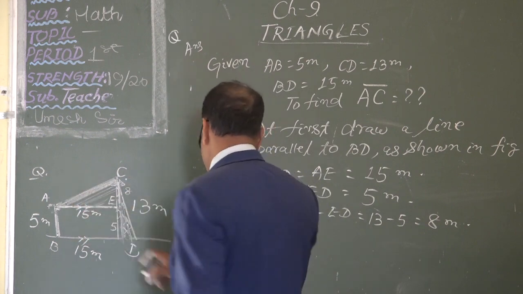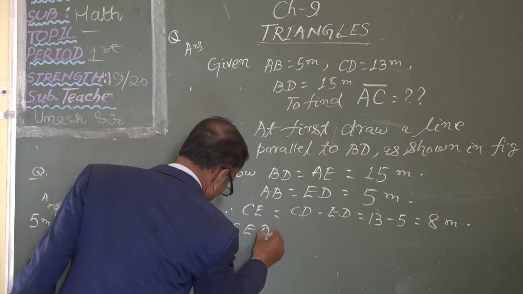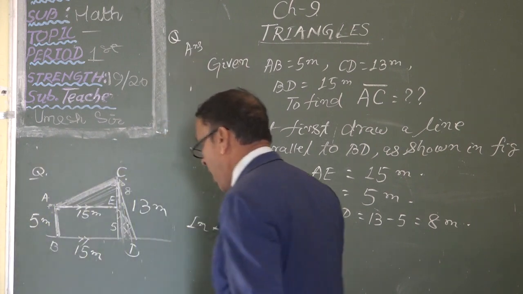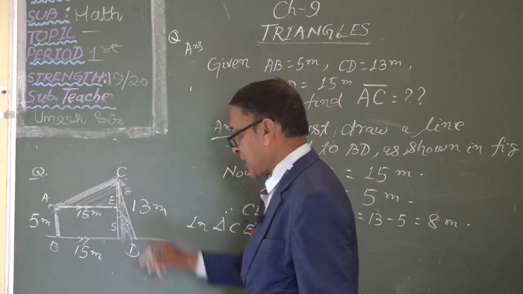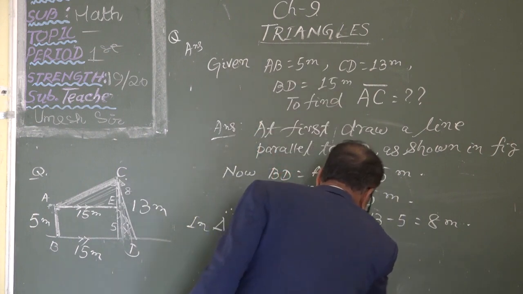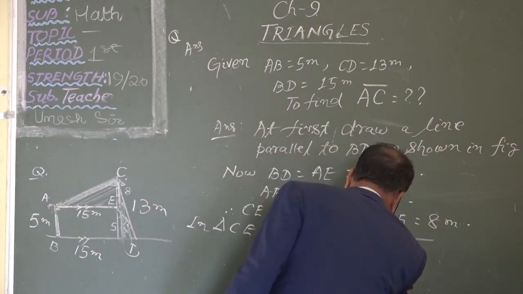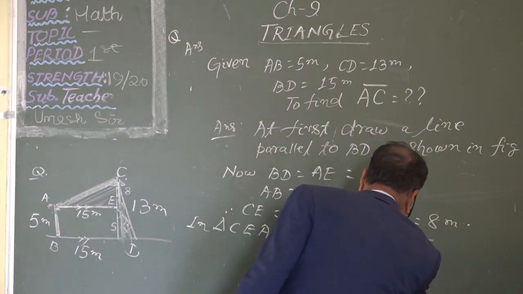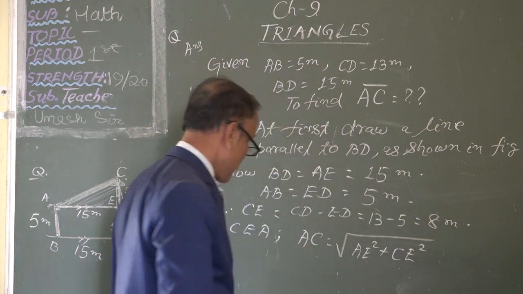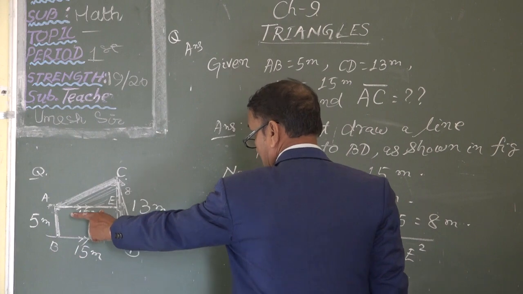In triangle CEA, using Pythagoras theorem, AC is equal to square root of A square plus C square. Now this is equal to, A means it is given, A means 15.